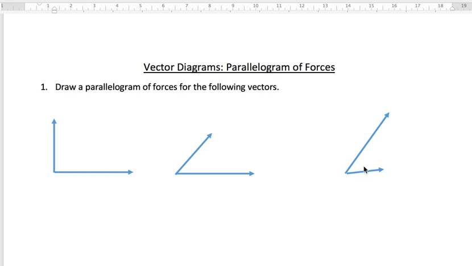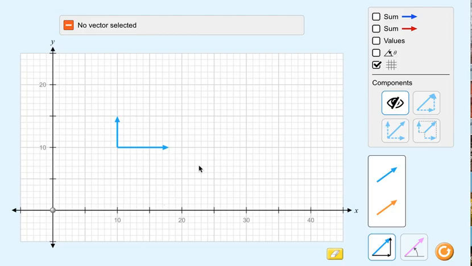And we've got some other different examples here of different forces. So let me show you this. Okay, so this is the same thing really that I just showed you. We've got one force up and then one force across. Here we've got scale, so I've drawn it on some sort of graph paper here. And so you can see that this one here, we've got 10, it goes up to 15 here.